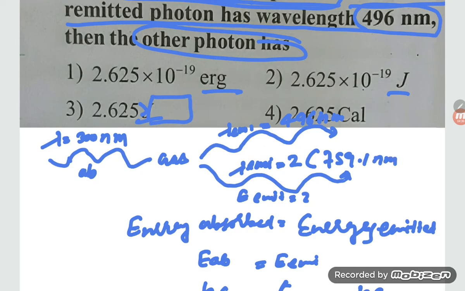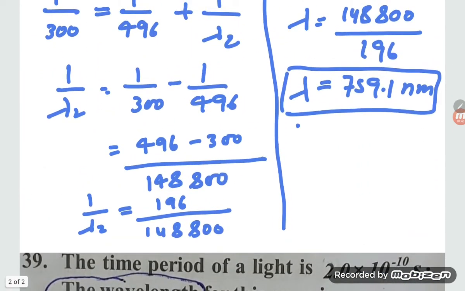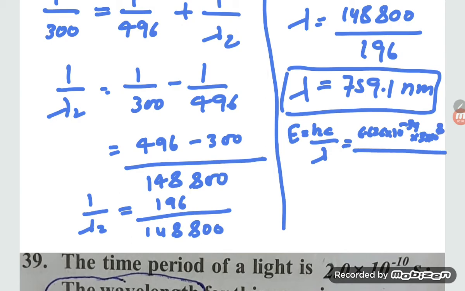For this one, E2 emitted, they are asking the energy. So energy is E equal to hc by lambda. H, the Planck constant, is 6.626 into 10 power minus 34, multiplied by the speed of light, 3 into 10 power 8, divided by the lambda you got, 759.1.